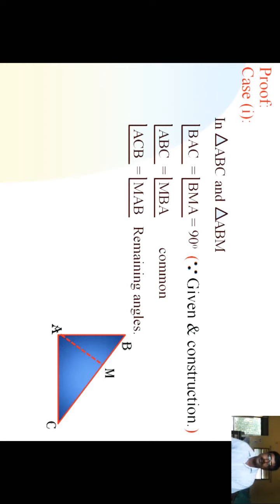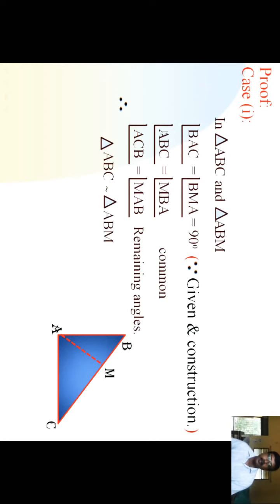So with this, I can say the two triangles are similar, that is equiangular. If the angles are equal using AA criteria, I can say the corresponding sides are in proportion. I told you the reason why we are considering these two triangles only: because they have the common side AB.